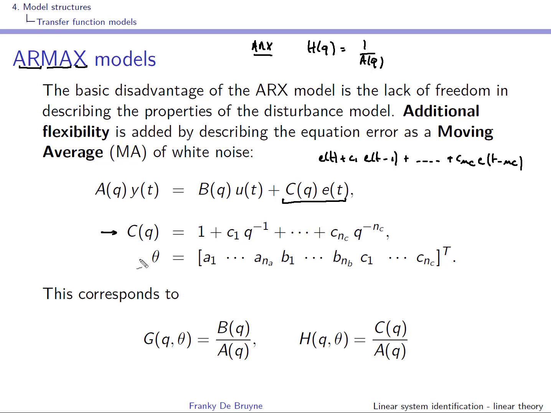So what you can do now is extend the parameter vector. So this is a column vector, right? So here below you stack the parameters c1 to c_nc. And as you can see here, my input-output dynamics have not changed with respect to the ARX model, but I have indeed some extra freedom in the noise model.